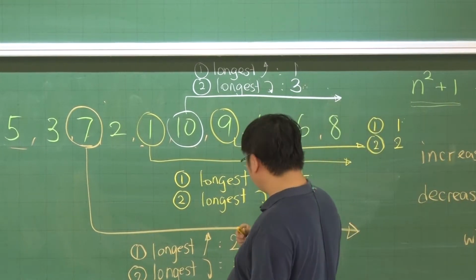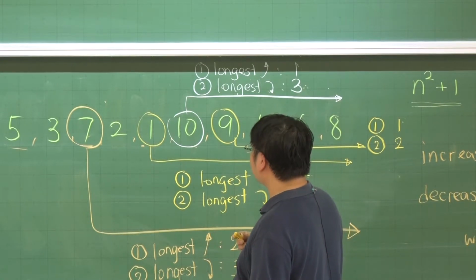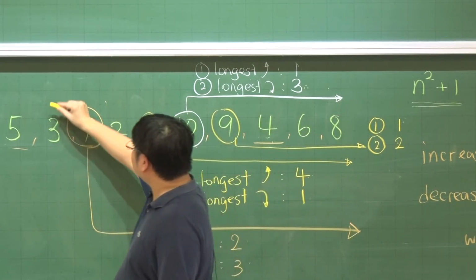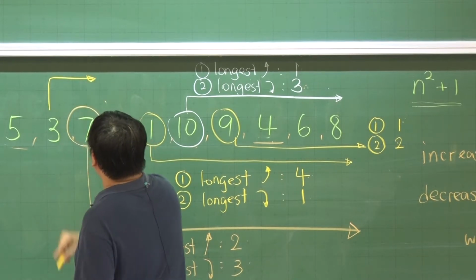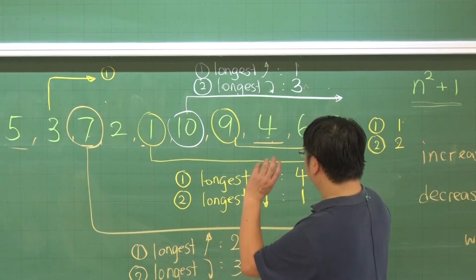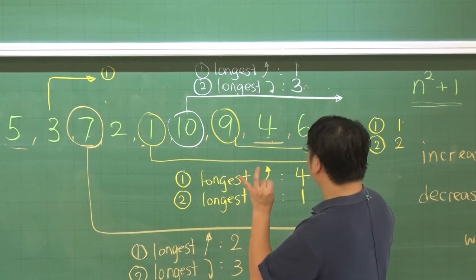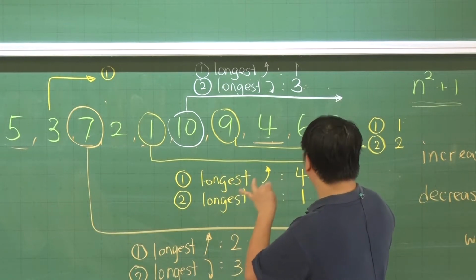And similarly, let's do another one. Let's see longest increasing 2, longest decreasing 3. So for instance, let's look at this 3. The longest increasing will be what? 3, 4, 6, 8.